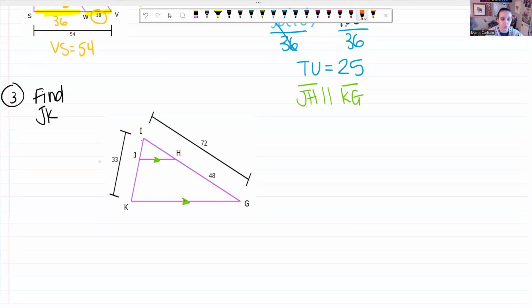So I'm going to figure out what sides that would be. So IJ over JK is equal to, on the other side, IH over HG.